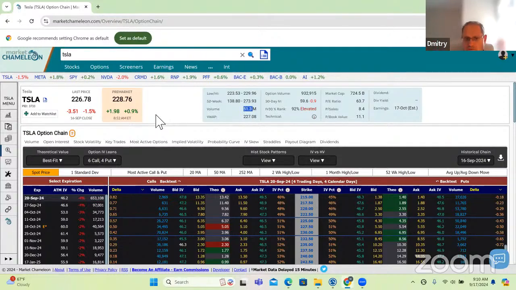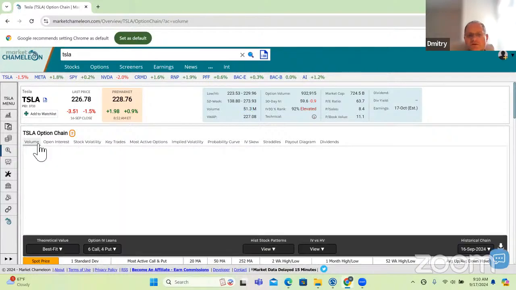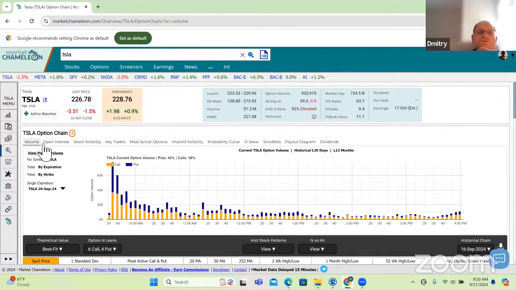There are a couple different ways we could do that. If we wanted to start digging down layers, we could click on the total volume, and over here we have a breakdown of the volume. On the left-hand side, we could look at it from different perspectives. This original graph shows us 5-minute volume bars in Tesla.